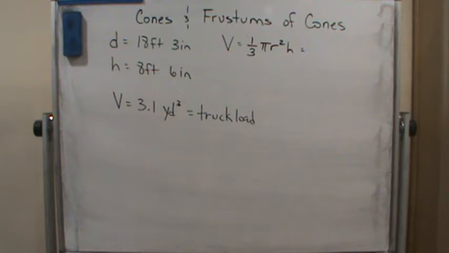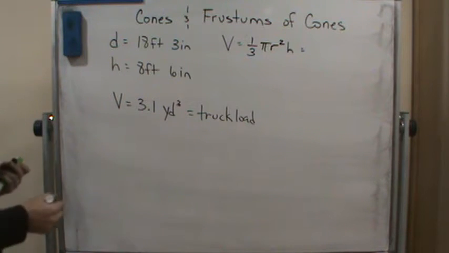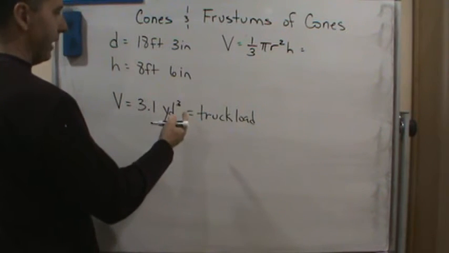We can put everything into feet. That's going to be the first step. You could do it in inches, you'll just have bigger numbers, and then convert to cubic yards later, that's fine, but I'm going to convert to feet now.